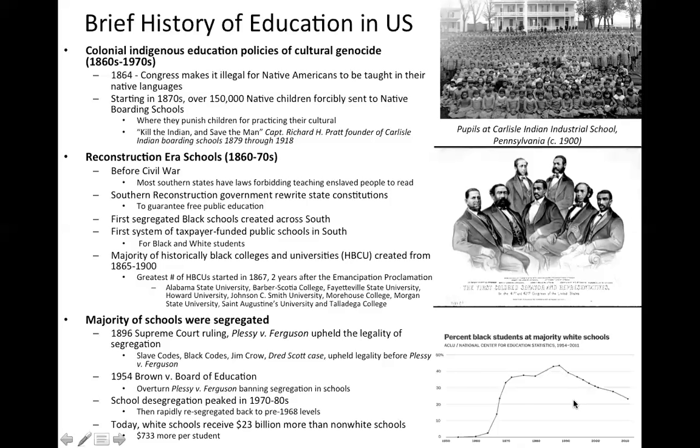Starting around the 1990s, we see a steady decline that's still going today, and we're at the point where we've actually returned to our pre-1968 levels. So our level of desegregation is the same as we see from 1968 at this point.